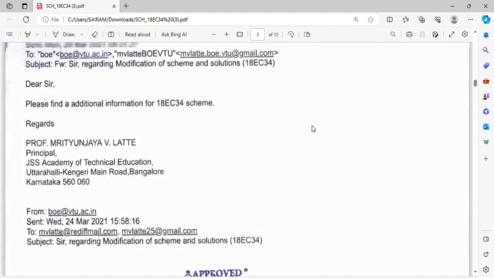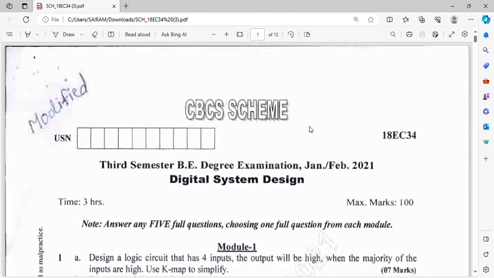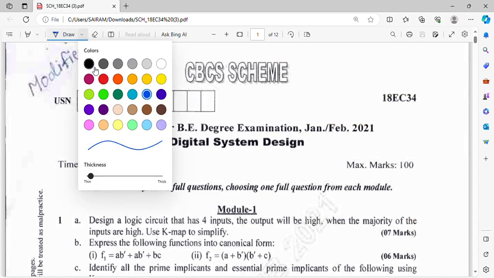Today we are having a discussion on the scheme of valuation for 18 EC 34, the Jan 5 2021 paper. As I told you, all I have are back papers.